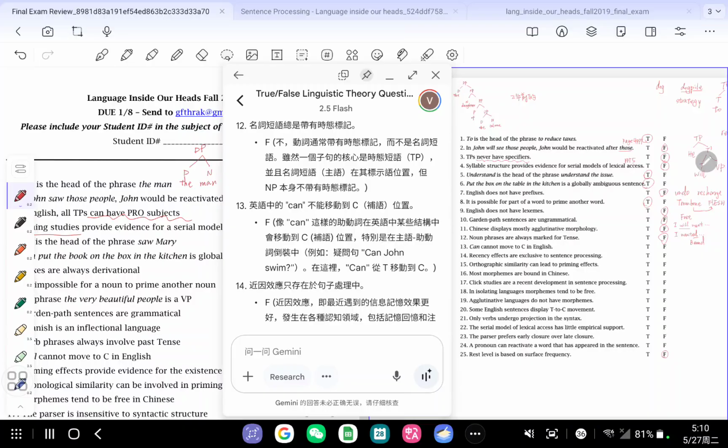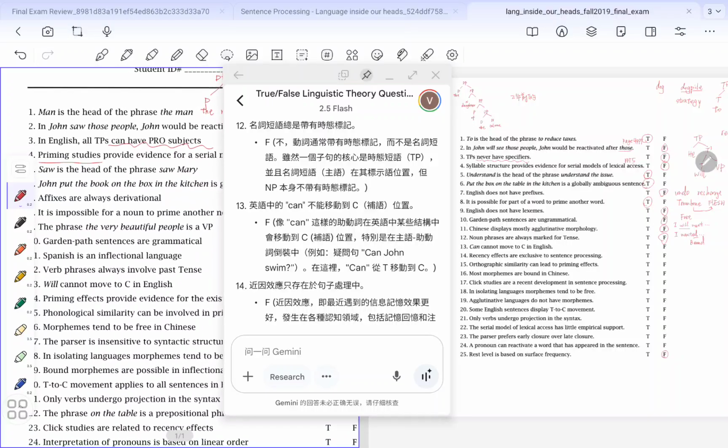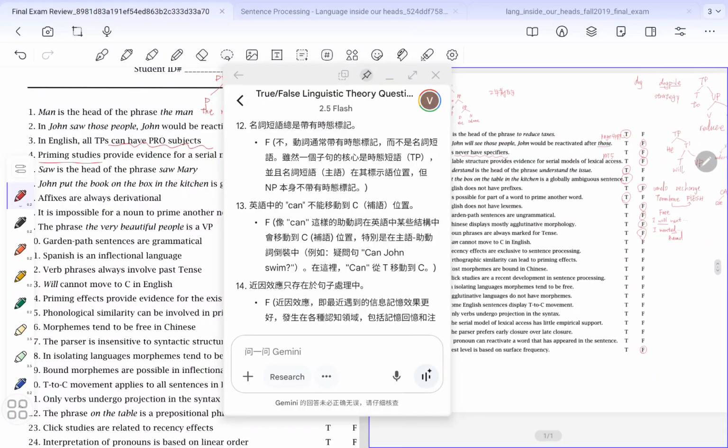13. Can move to C in English. True or false? True, anybody? False, anybody? Neither, huh? Can anybody give an example where can is in C in English? Remember C and T in the structure? He will, their phrase, whatever it is. You can have a C head on this, and that C head could be like if or that. Like I don't know if he would do it, or I know that he will do it.